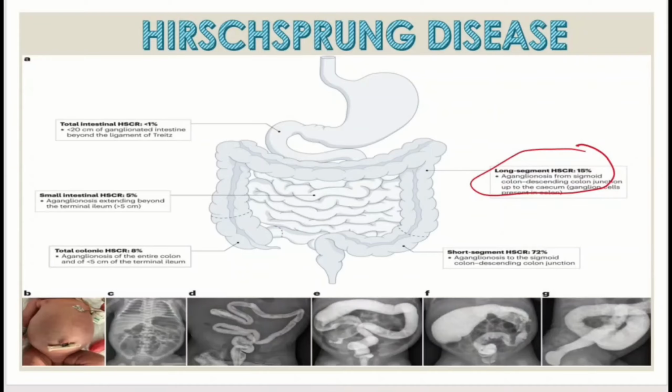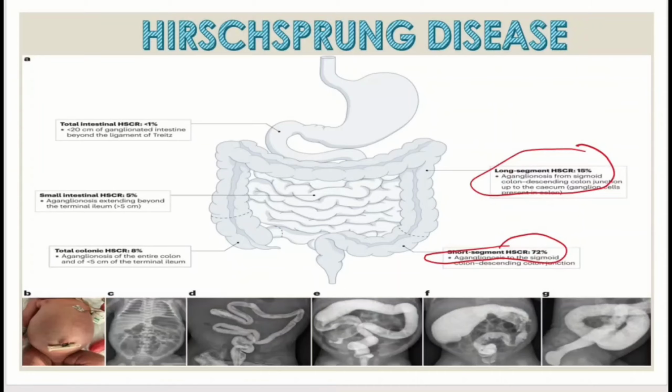Ganglion cells are present in the colon, which is most common, seen in 72 to 75% of patients. Here, aganglionosis is up to the sigmoid colon descending colon junction.